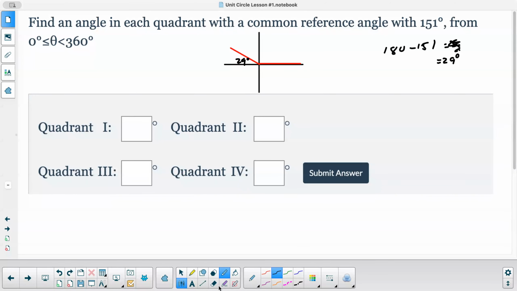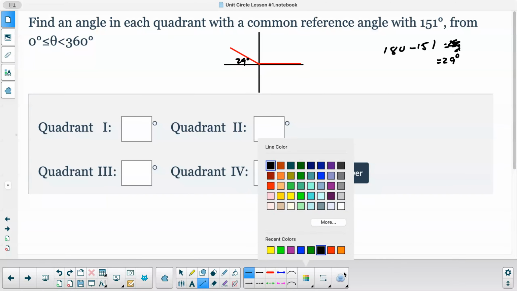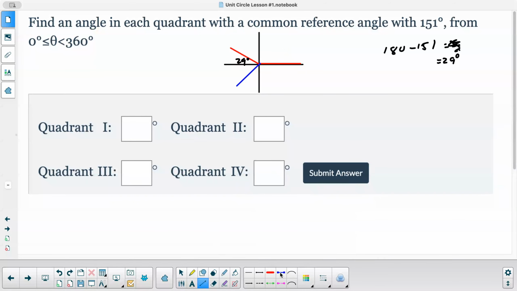So it's basically like I'm going to draw reference angles in each quadrant. Same angle here, 29. Actually, let me use a different color for that last one.